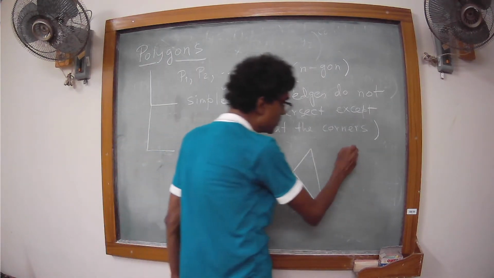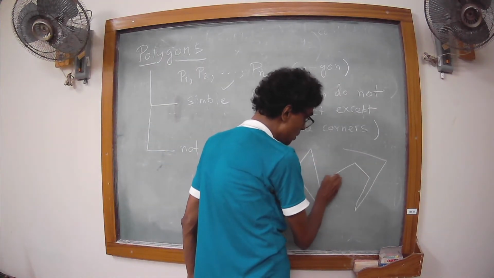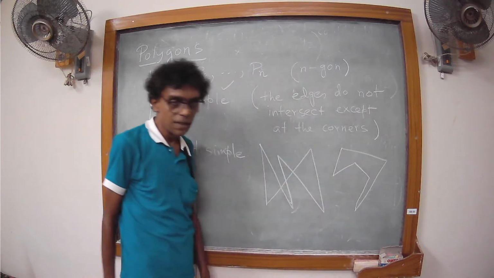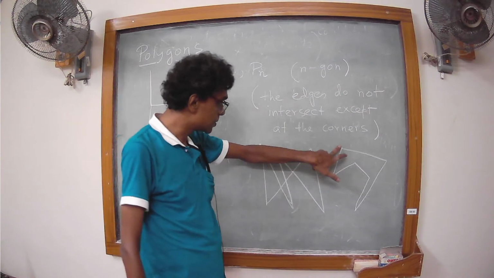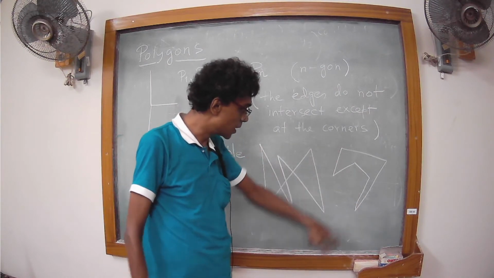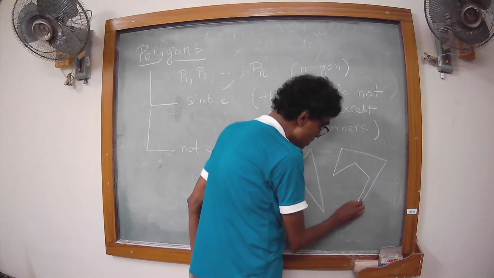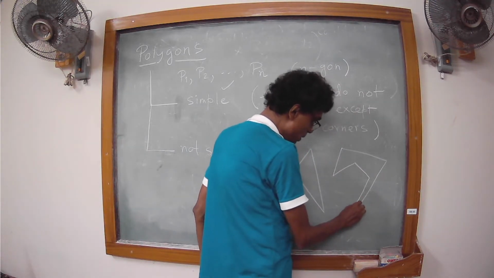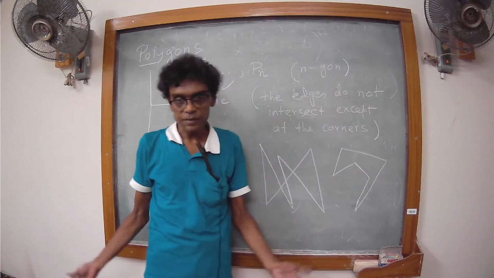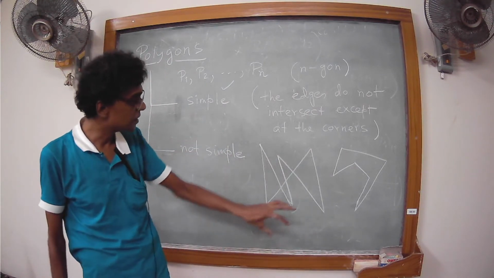And if you are given a simple polygon like this, you see that if you remove that polygon, I mean just the boundary of the polygon, from the Euclidean space, you will be left with two pieces.